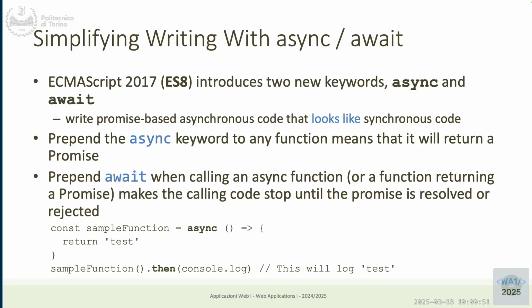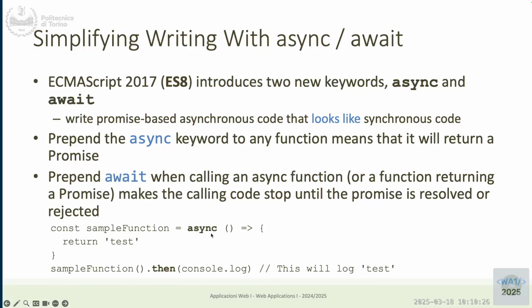Semantically, they don't change anything. So the mental model of how promises work is exactly the same. But we have this async keyword that will automatically create a promise whenever we create a function. For example, if I define any function, here we have a very simple arrow function that returns a string, and we use the async keyword in front of the function definition.